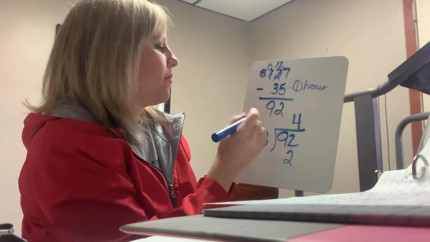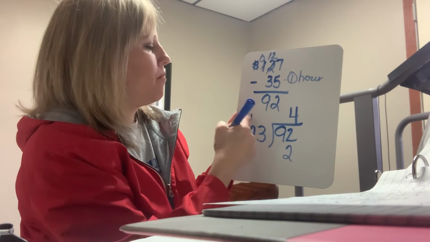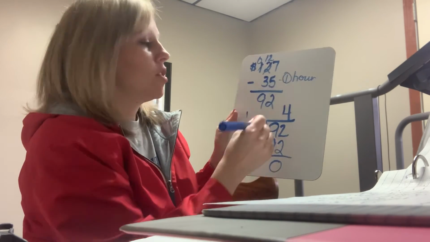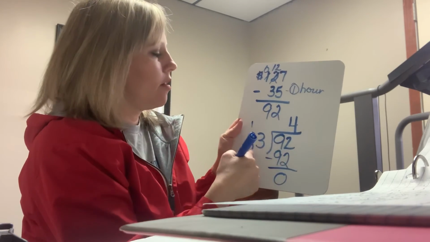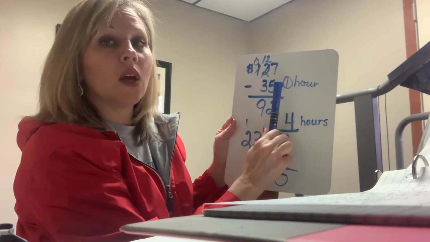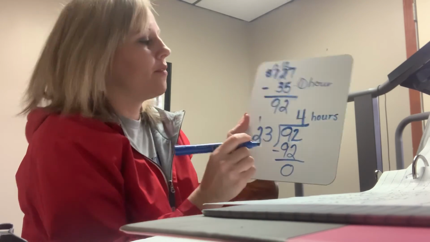Yep, it's going to work perfectly. 4 times 2 is 8 plus 1 is 9. So he worked 4 hours and earned $23 for each of those hours. So this 4 hours plus the 1 hour that he worked at $35, 4 plus 1 is 5 hours that he worked.